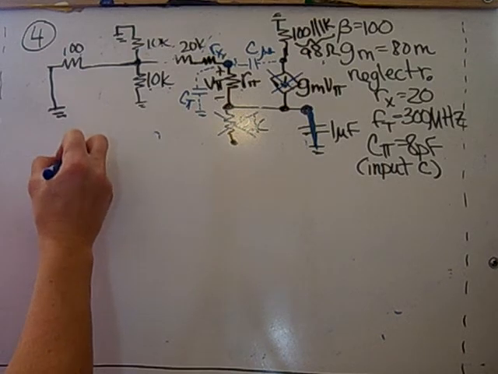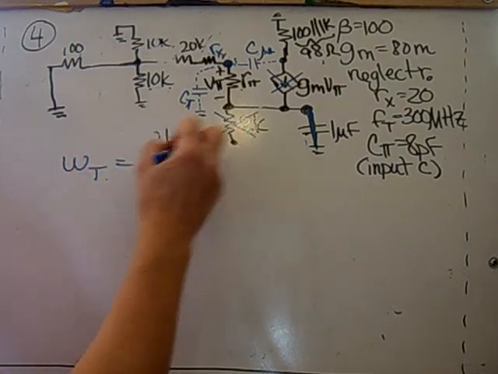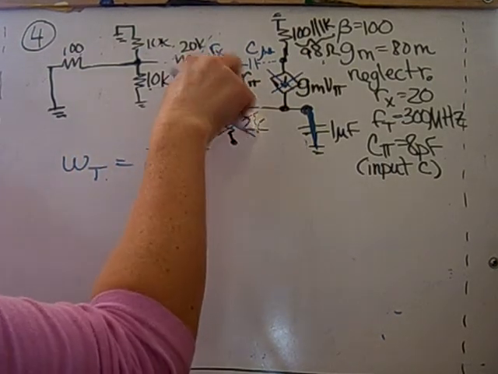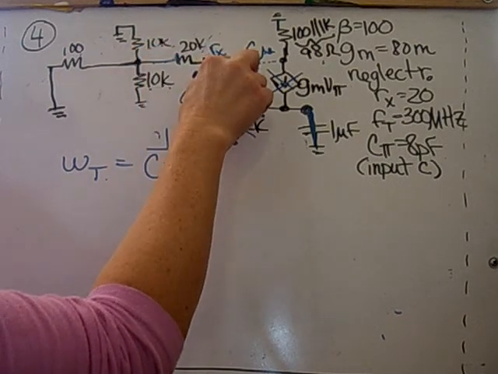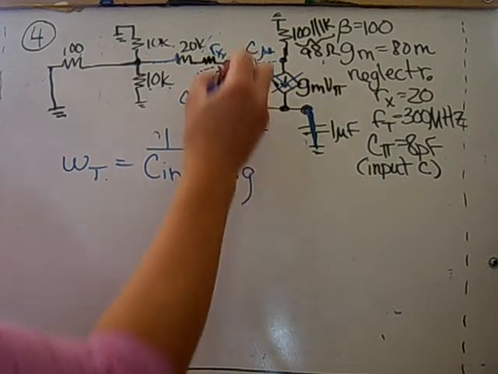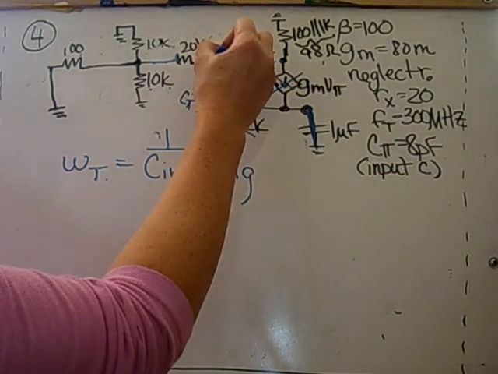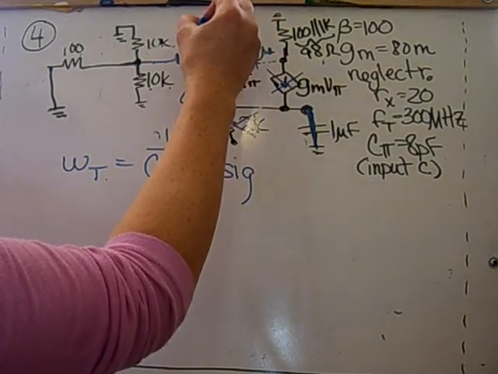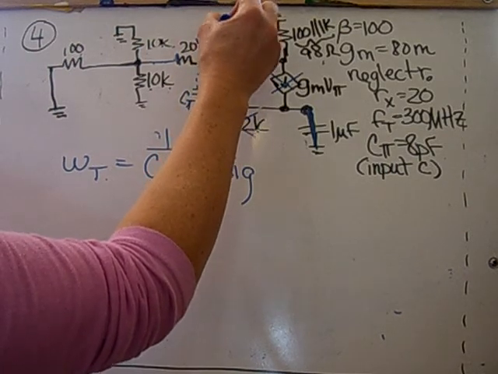So the high frequency is determined by 1 over the equivalent capacitance seen at this location multiplied by the equivalent resistance seen also at this spot. I'm going to call that R prime sig.